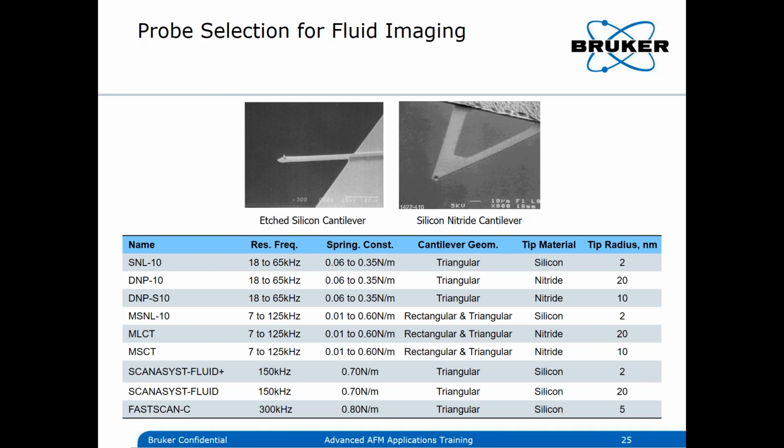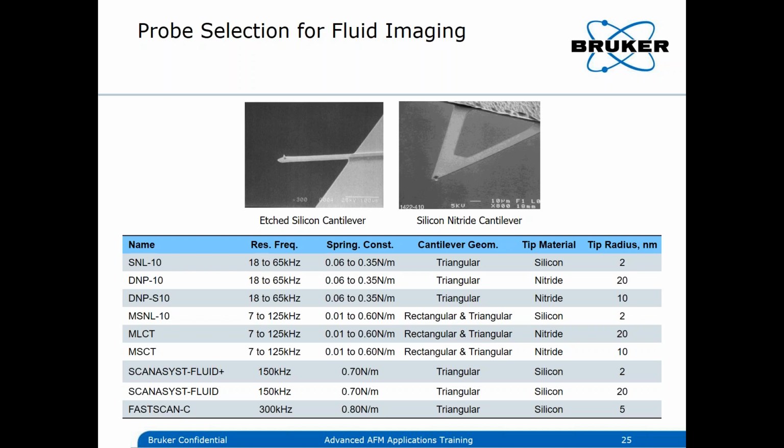Similar to that, also the MSNLs with slightly different spring constants. They are rectangular and triangular. There are also the MLCTs and the MSCTs with various radii.